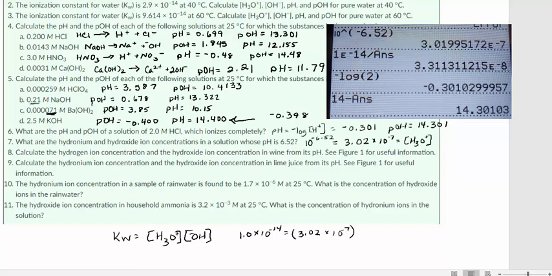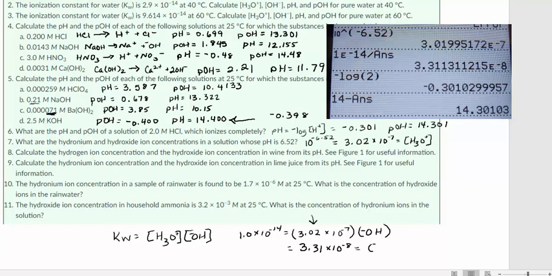So we divide 1.0 times 10 to the negative 14 by this value here that I had just left in my calculator in order to avoid rounding error. And I get 3.31 times 10 to the negative 8 is equal to my hydroxide ion concentration.